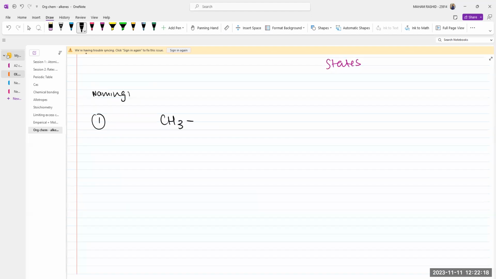So CH3, HC. How would you name this structure? C5H12.